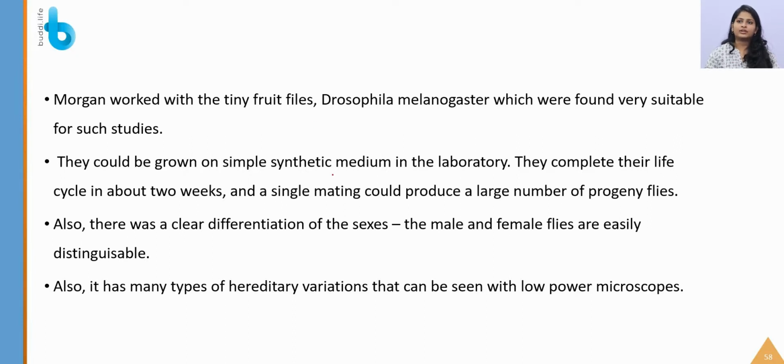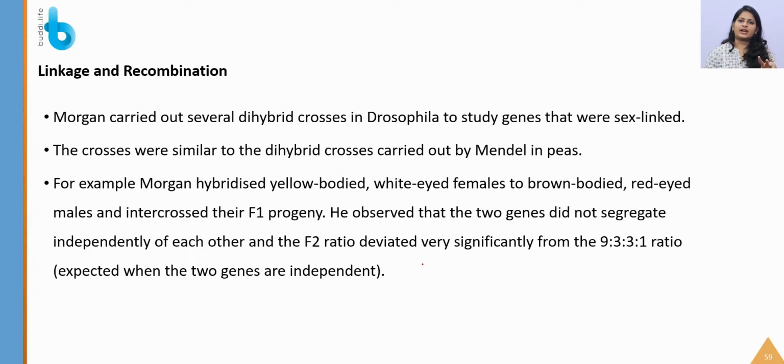Morgan worked on these because they could be easily grown in the synthetic medium available in the laboratory. They complete their life cycle within 2 weeks and a single mating could produce a large number of offspring. Also there was clear differentiation between male and female. It also has many types of variation which can be seen with a low powered microscope.